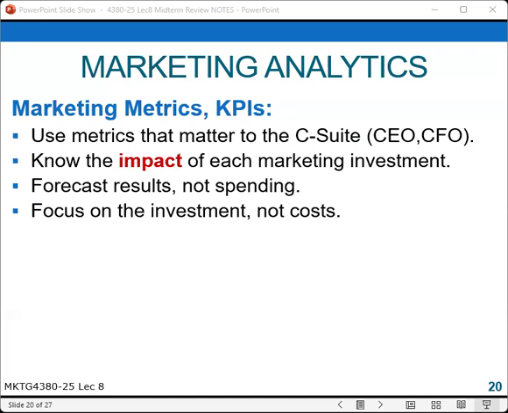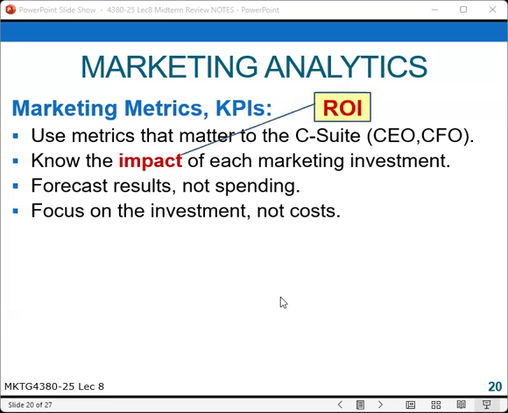So we want to know the impact of each marketing investment, know which parts of your marketing deliver financial returns, and you want to do that in order to maintain your credibility. You want to focus on the return on your investment rather than your marketing spend. It shouldn't be looked at as spending. You want to change the perception of marketing as a cost and rather as an investment.